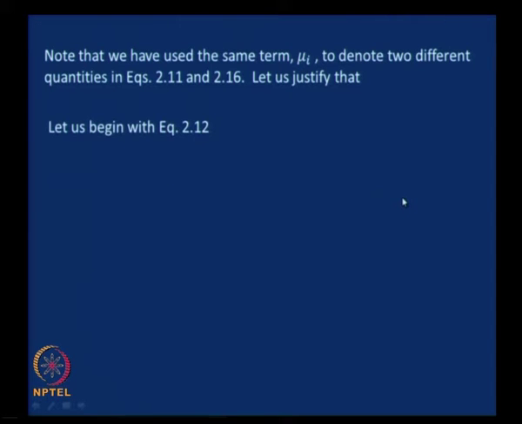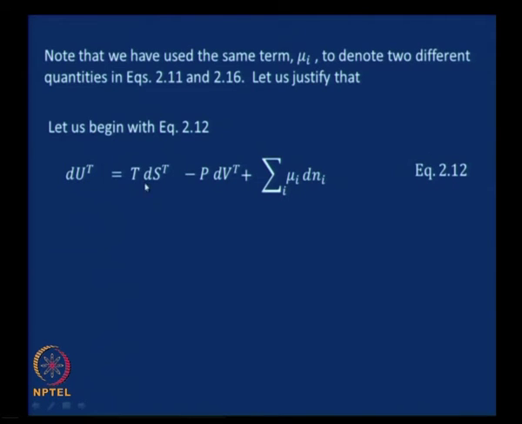To justify, let us begin with equation 2.12, where we first defined our μ_i. We started with dU_t equals T dS_t minus P dV_t plus summation of μ_i dn_i.